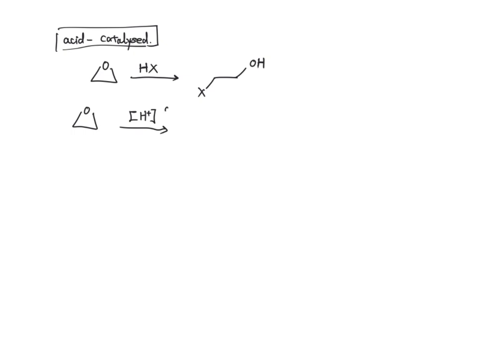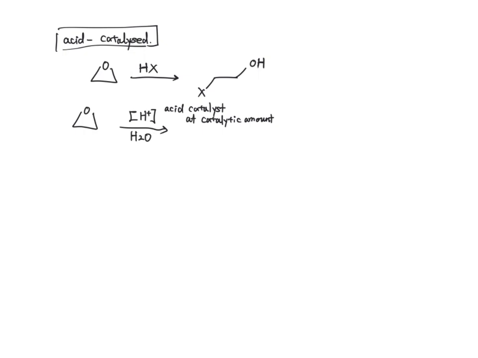What does that mean? That means this is an acid catalyst, and it's at a catalytic amount. It doesn't need a lot, you just need a little bit to kickstart the reaction, and it will regenerate through the reaction.